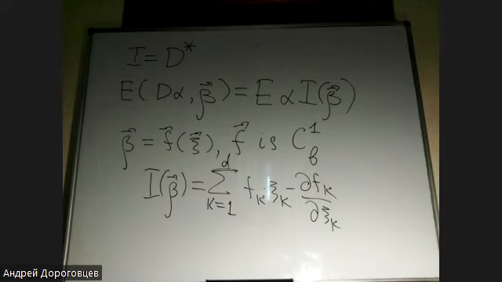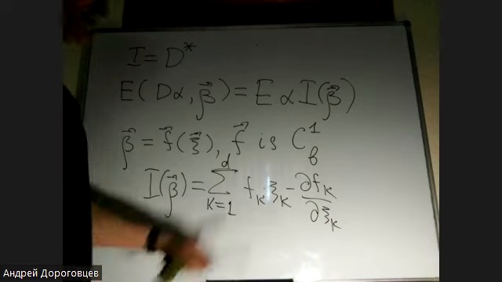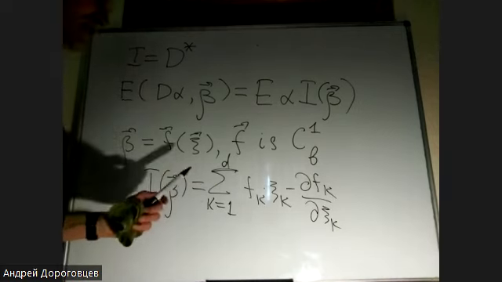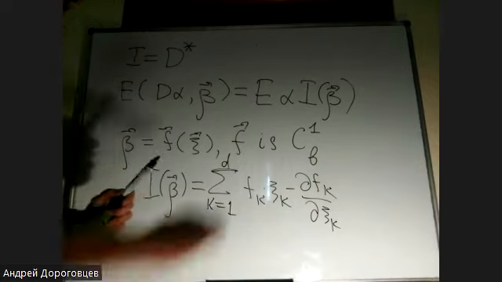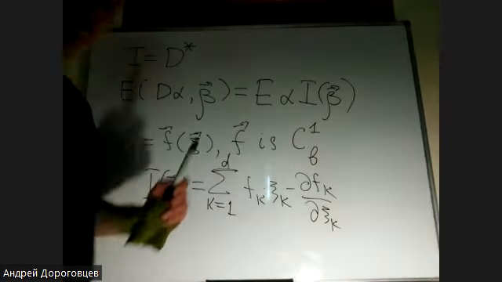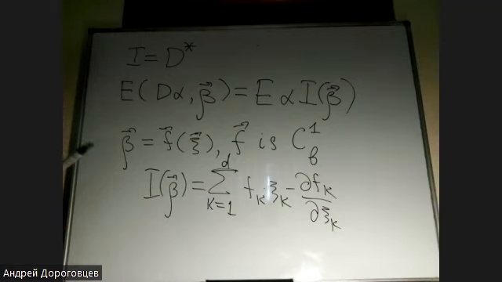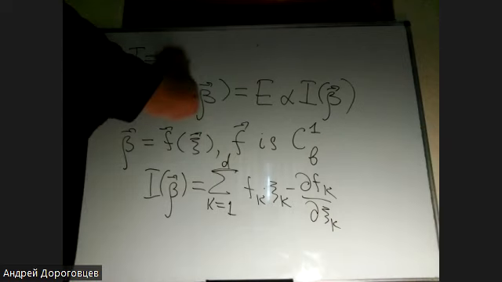But because the f_k are functions, we have possibilities to avoid these terms. Let me give you an example, and in the future we will see that it will be useful.